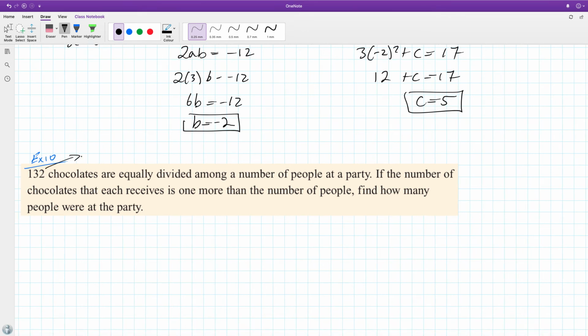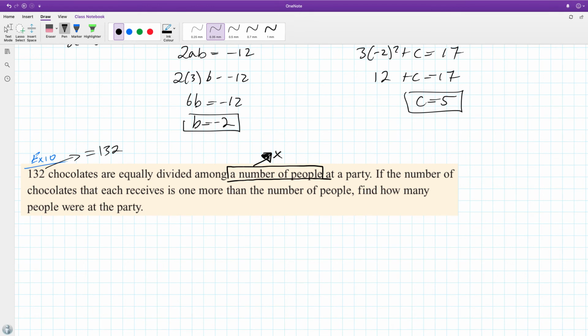We know it's going to be equal to 132 in the end. There's a little note: divided equally between a number of people at a party. The number of people at a party, we're going to call x.